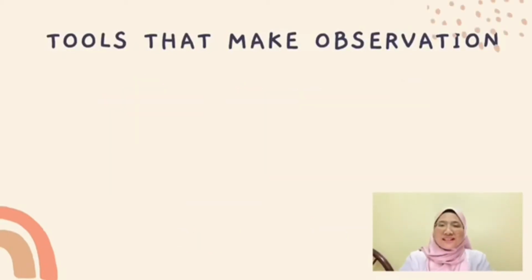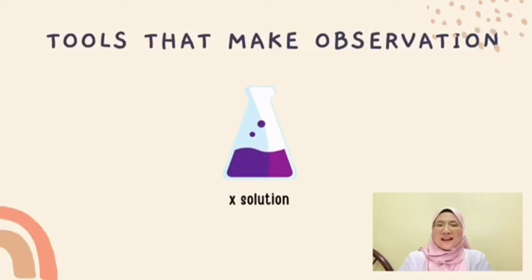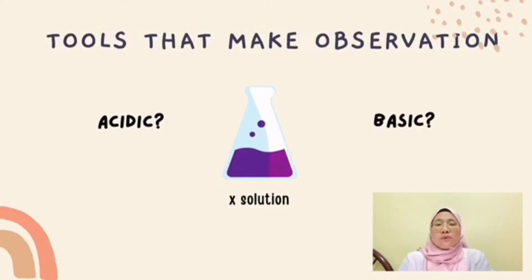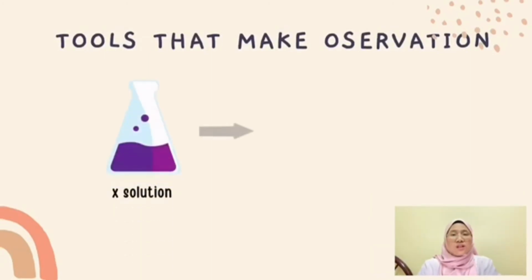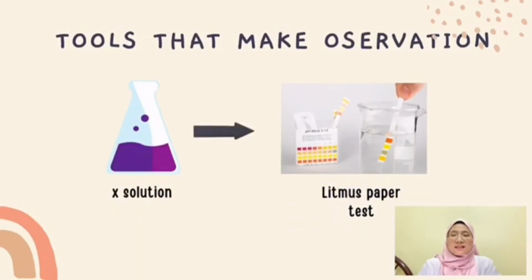Alright everyone, this is an example of making observations using tools or equipment. In this slide, you see that there is an X solution whose chemical name we don't know. We want to determine whether it is acidic or basic. Usually we use the litmus paper test.